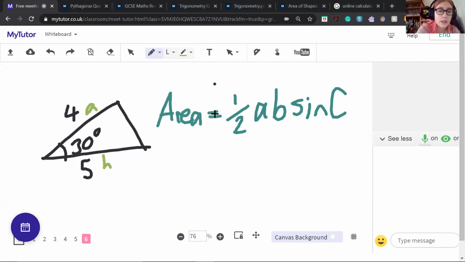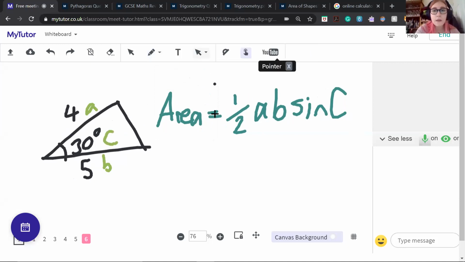We call the sides A, B, and C in whichever way we want, and then the corresponding angles, the capitals of this. In this, we don't actually use this one, or this one. So it's two sides and the angle that's inside them. I never really think about the labeling too much. I just think that it's half of the two sides and the sine of the angle in between them.